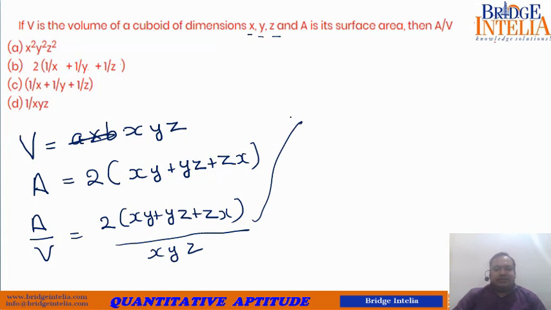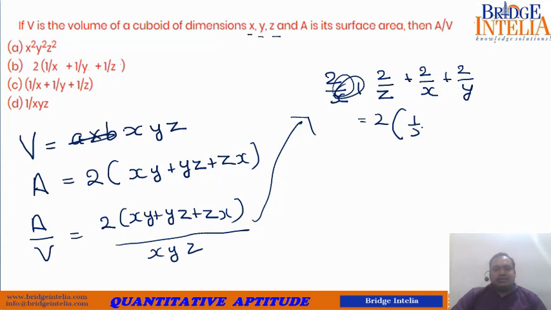If you simplify this further, this comes out to be 2 by z plus 2 by x plus 2 by y. So if you take 2 as common, it is 2 times 1 by x plus 1 by y plus 1 by z. So this is the correct option.